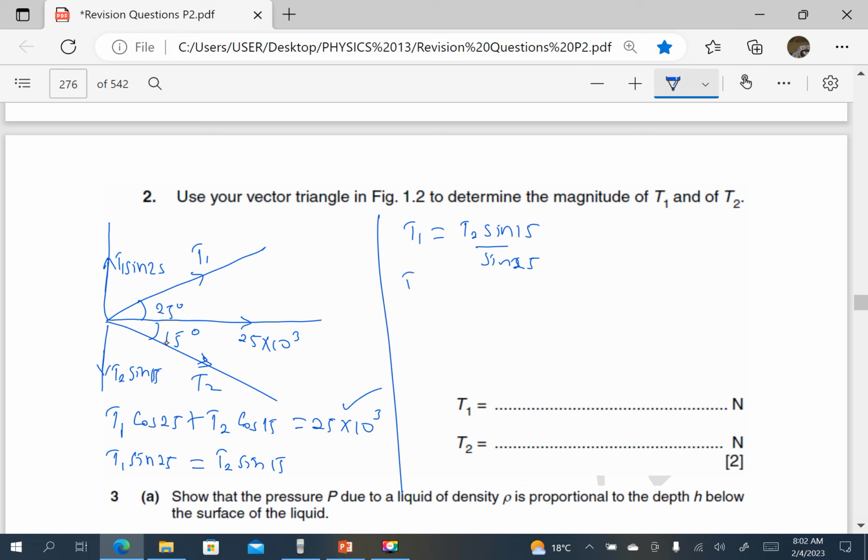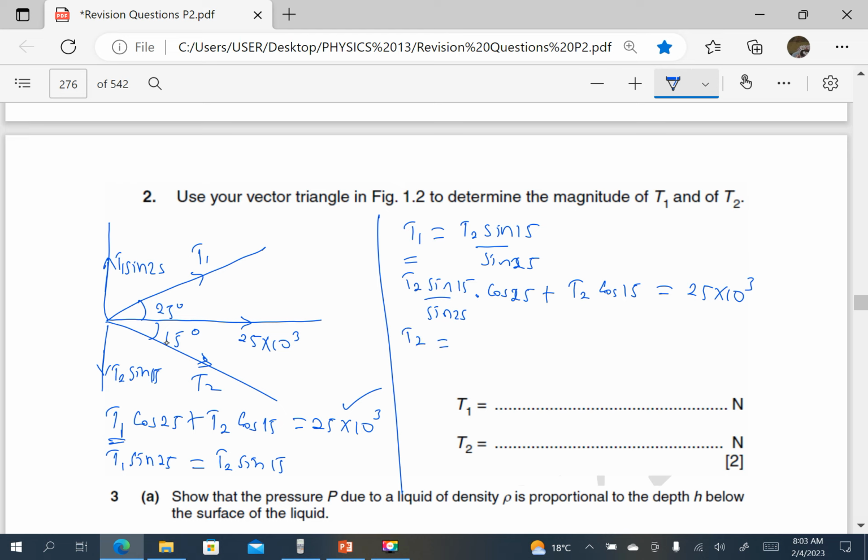So I'll say T2 sine of 15 over sine of 25 times cos of 25, plus T2 cos of 15, should be equal to 25 times 10 power 3. I've just replaced T1 with the expression for T1 that I made the subject. So the common factor is T2.